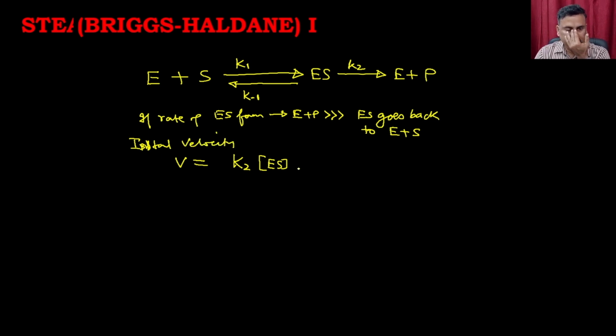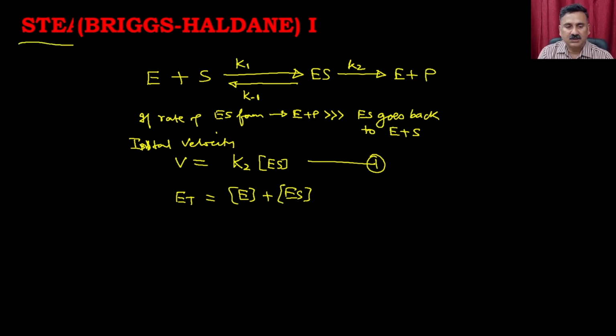Now this is going to be equation number 1, right? And you know that ET is going to be E plus ES, right? And you know that at the steady state, the concentration of ES is going to be constant, right? So steady state means how much ES is forming, ES is getting broken down, right?